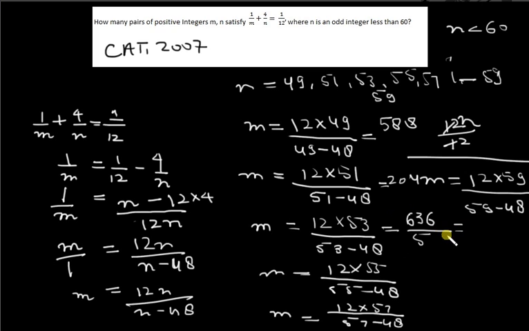It would be a decimal. 5 ones are 5, 5 twos are 10. Let me check it. 5 ones are 5, 5 twos are 10, and 5 threes are 15. So it is what is left here. 5 twos are 10.